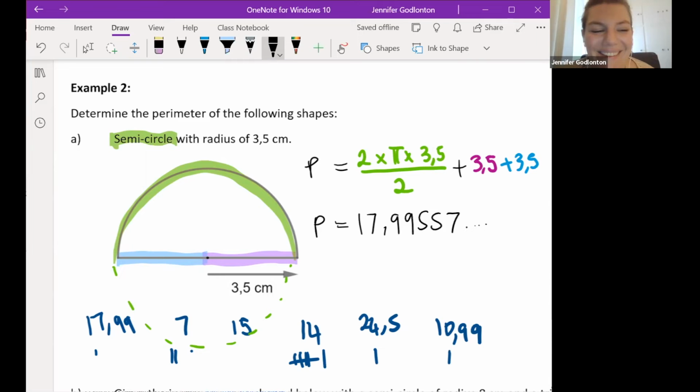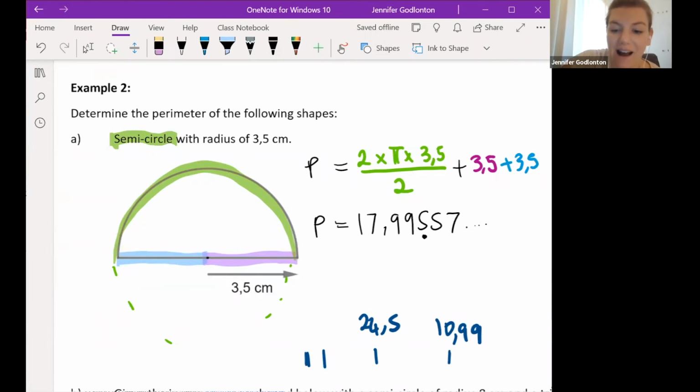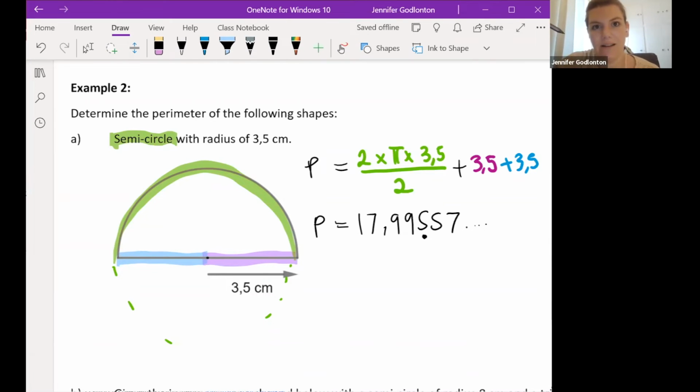Now, if we are wanting to round this off to 2 decimal places, we would be looking at this number over here. That's our third number. And that 5 is going to make our 9 go up. But I can't make a 9 go higher than a 9. And that 9 is going to make that 9 go up, which means my final answer is actually going to be 18 centimeters.